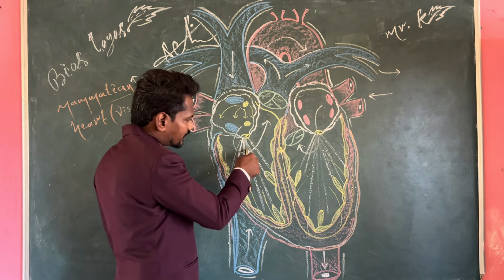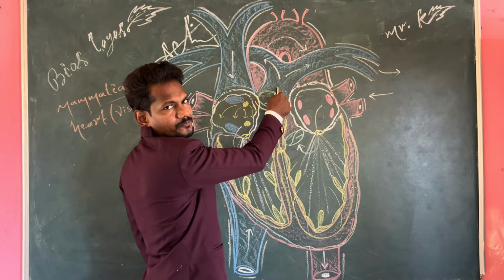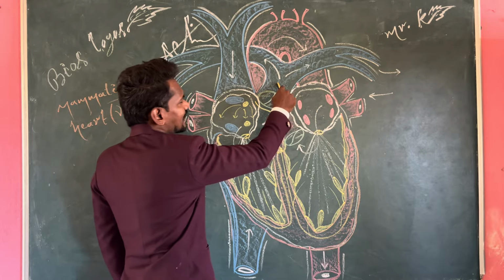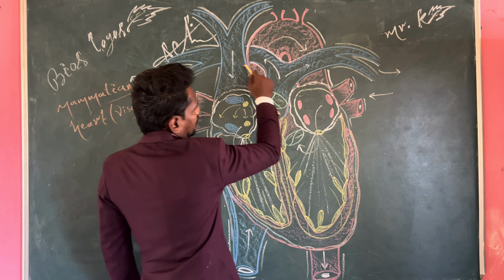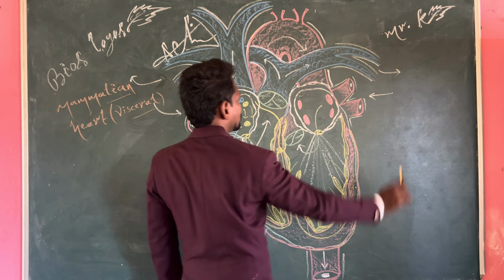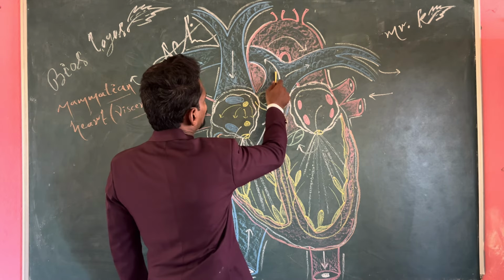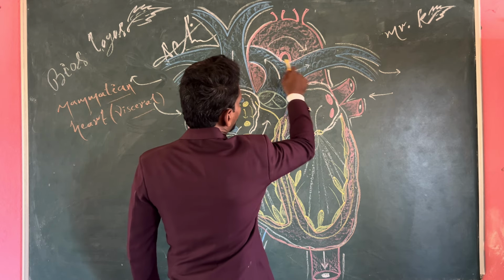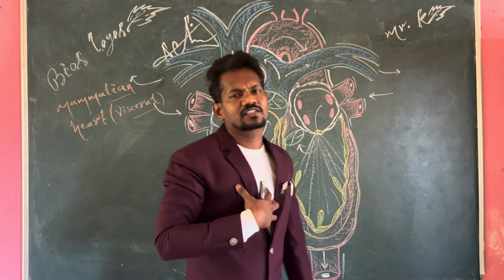From the right ventricle, the blood is passed to the pulmonary arch. This pulmonary arch is subdivided into right pulmonary artery branches and left pulmonary artery branches. So the carbon dioxide rich blood through these right and left pulmonary arch branches is finally received by the lungs.